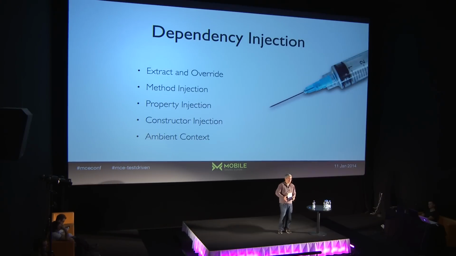Swap out your real thing. Here, take this instead, and now it's ready to go and to be talked to. You have to do some cleanup. It gets messy because after the test, you then need to eject that fake part and bring back its real guts. So it gets a little messy, but that's another technique.